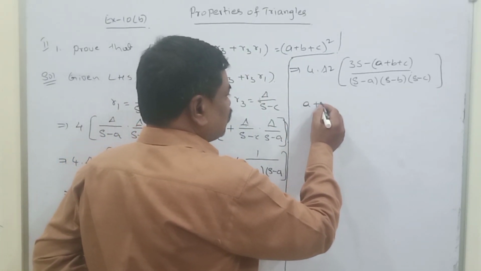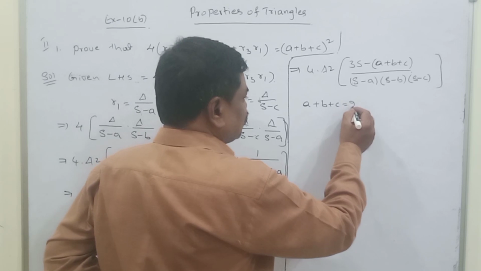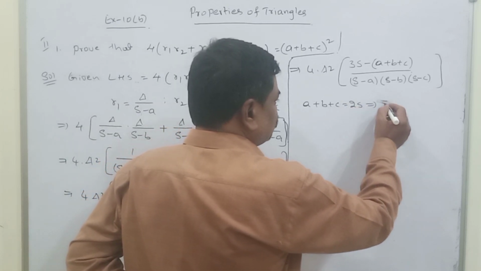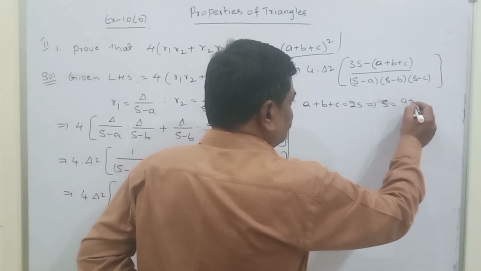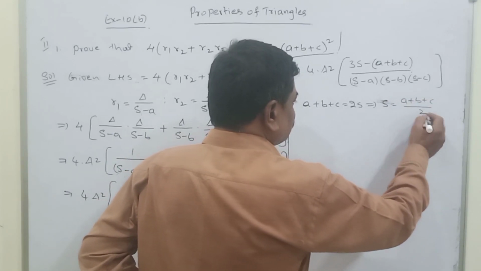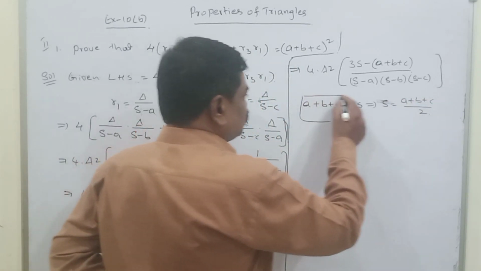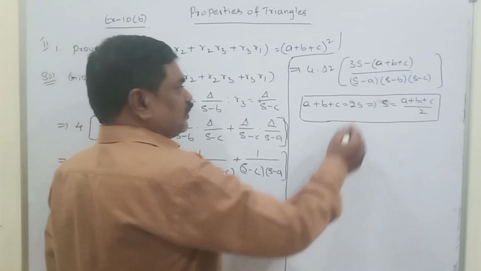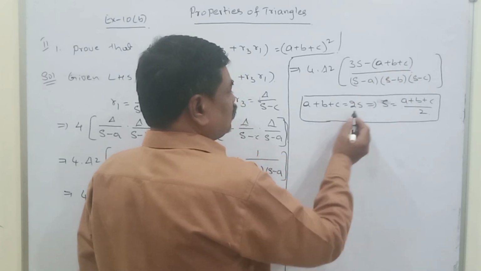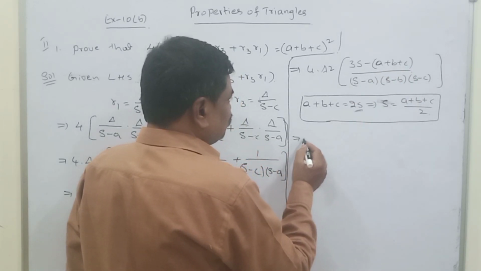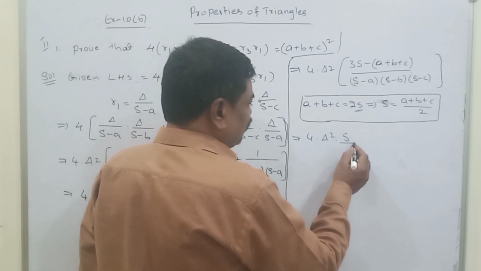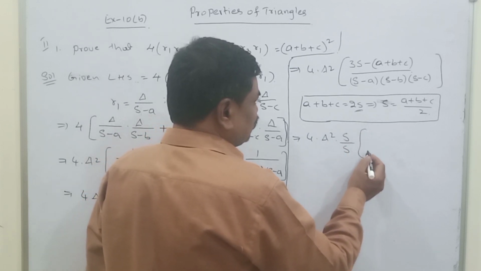So what is a plus b plus c? We know that s is equal to (a plus b plus c) by 2. Okay, you have to remember this is the formula. So a plus b plus c is equal to 2s. Then 4 into delta square you have to multiply and divide with s.